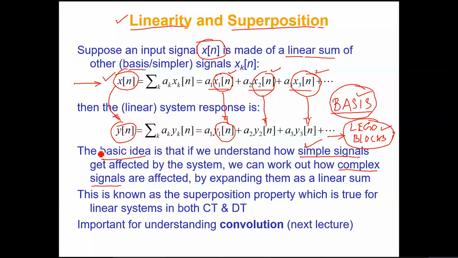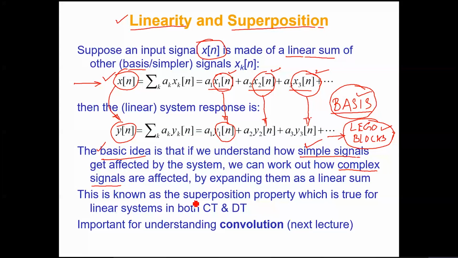That's the basic idea behind all this, that we should know how the system responds to simple signals, and then we can break the complex signals up into simple signals, find out the response for individual simple signals, and then find out the response for the total complex signal.